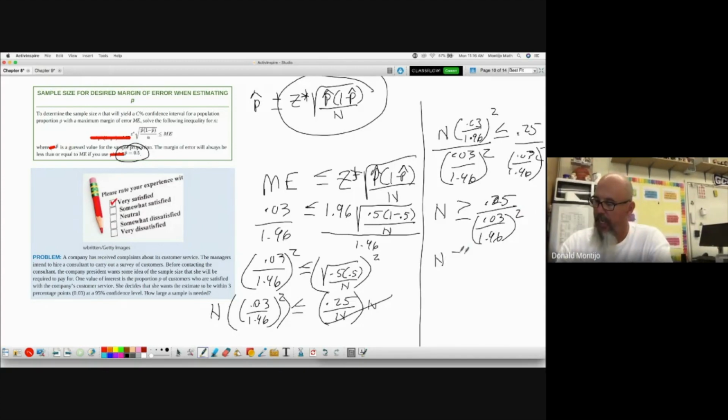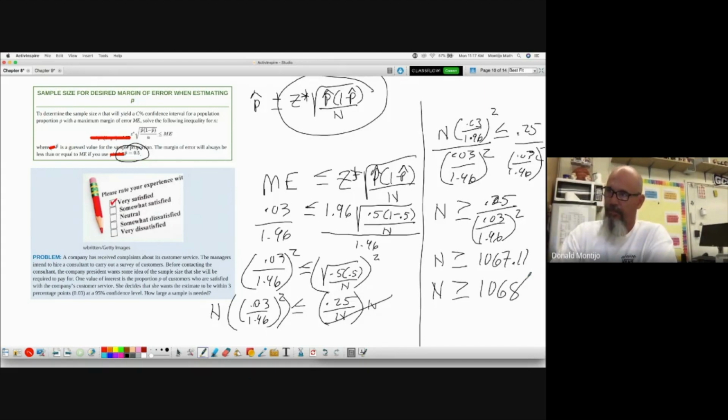So n is going to have to be greater than or equal to 1067.11. But I can't sample 0.1 of a person. So always when solving for n, given a desired margin of error, we always round our answer up. So n must be at least 1,068 people to satisfy your boss's requirements.